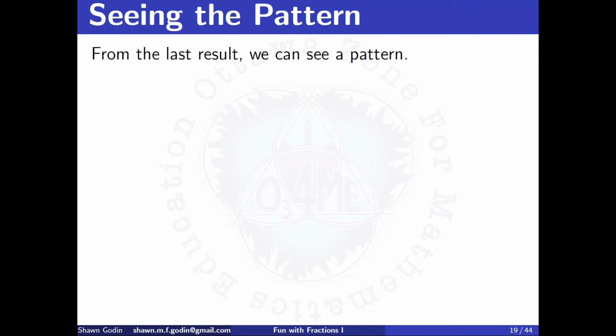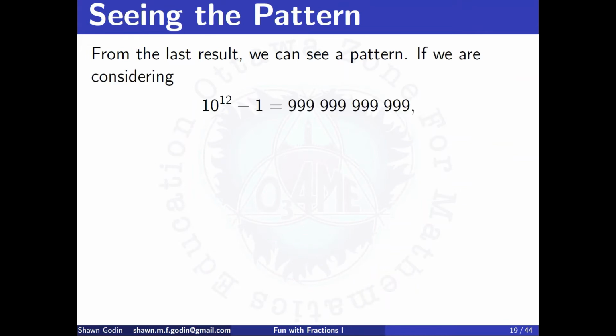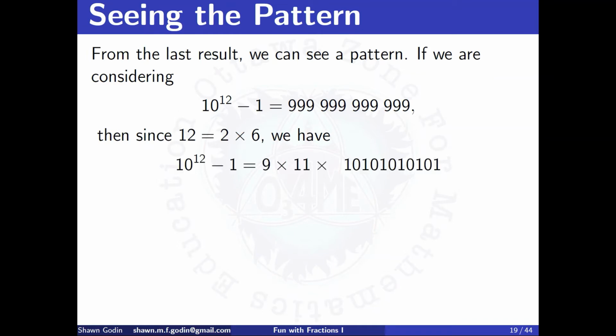And hopefully you're starting to see a pattern. If we consider something bigger, like 10 to the 12th minus 1, which consists of 12 nines, since 12 is 2 times 6, I can write this as 99, or 9 times 11, times 101010101.